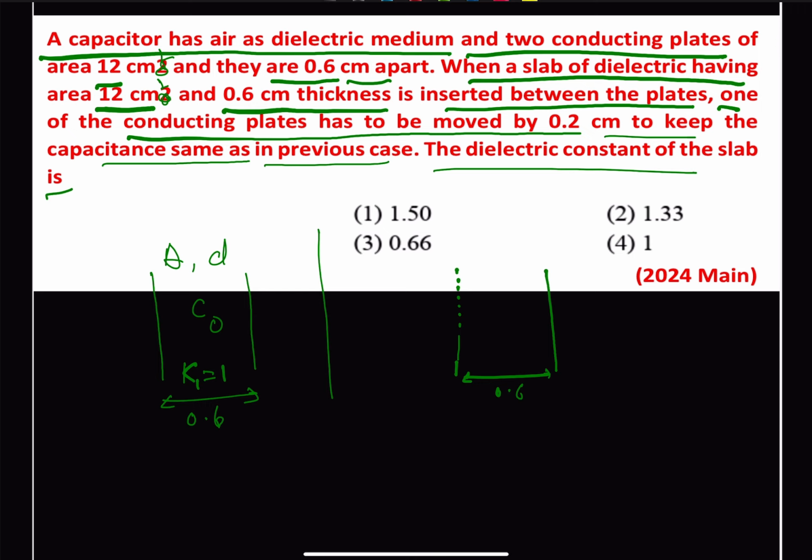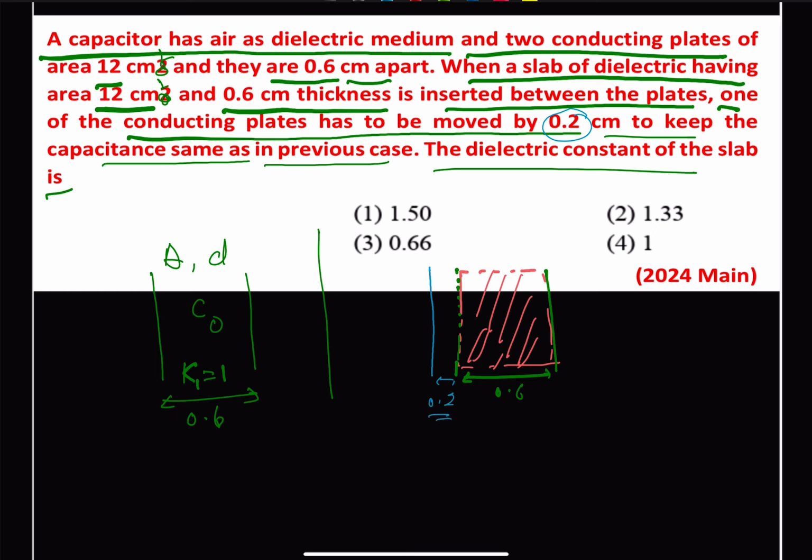So the dielectric is going to completely fill this portion. But as soon as the dielectric is added, one of the plates is shifted by a distance of 0.2 centimeter. So let us suppose that plate is moved here, and this is our 0.2 centimeter.